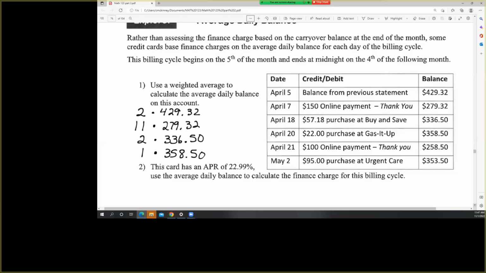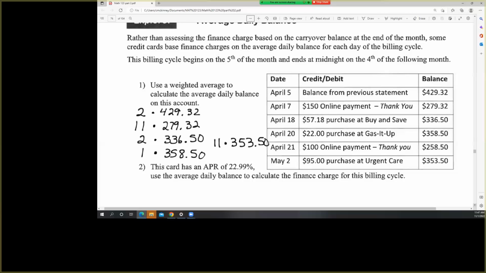And then from the 21st to May 2nd, so that's 11 days, it is $353.50. And I would have to multiply all those, add them together, and then divide by, what do I got? 22 and 5, 27.